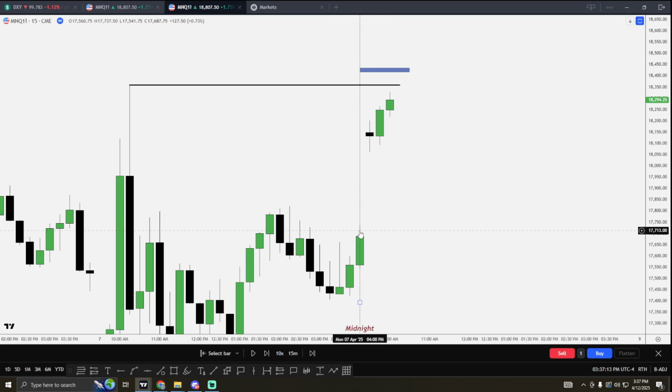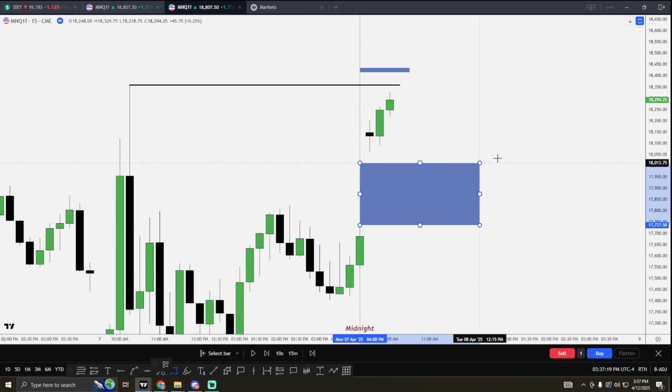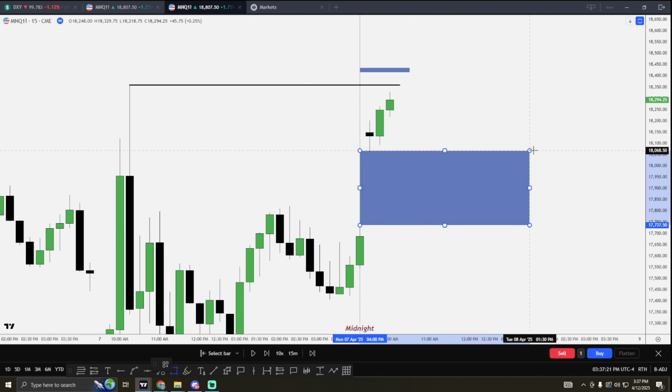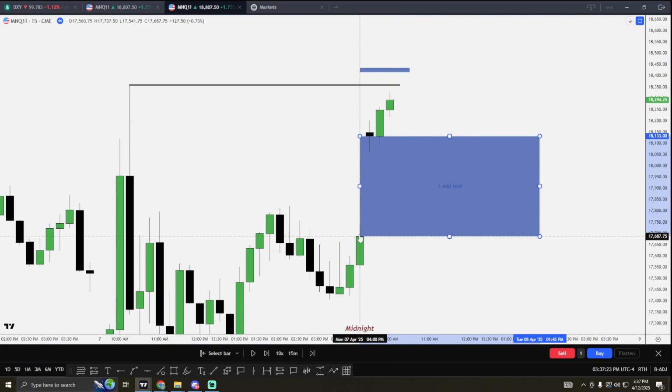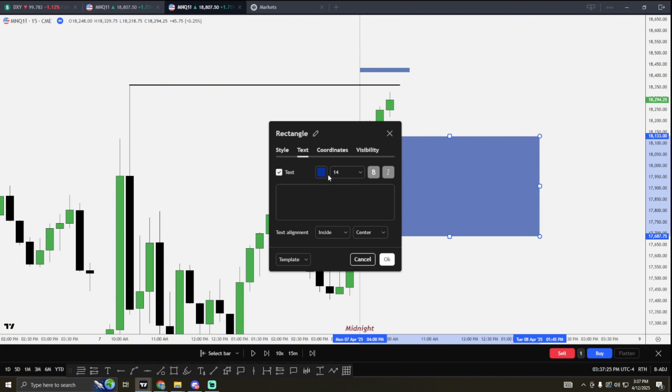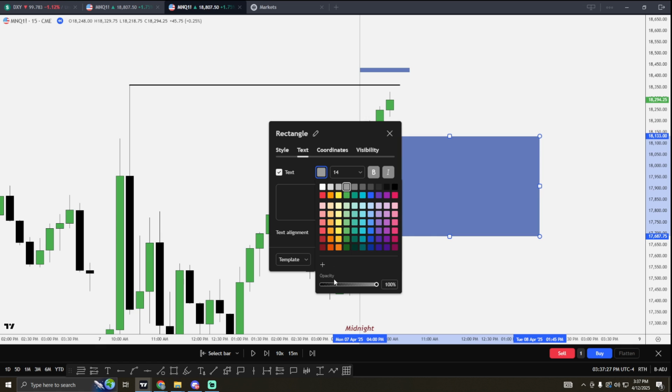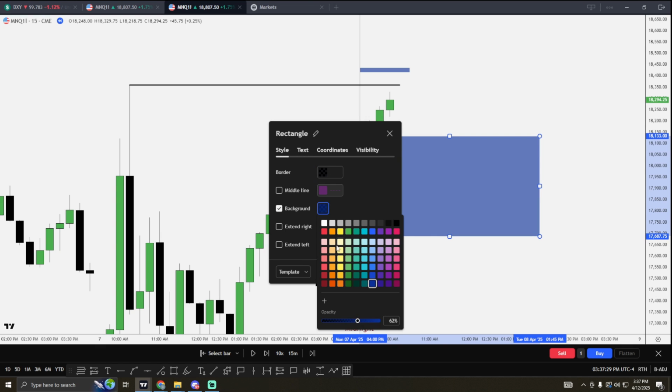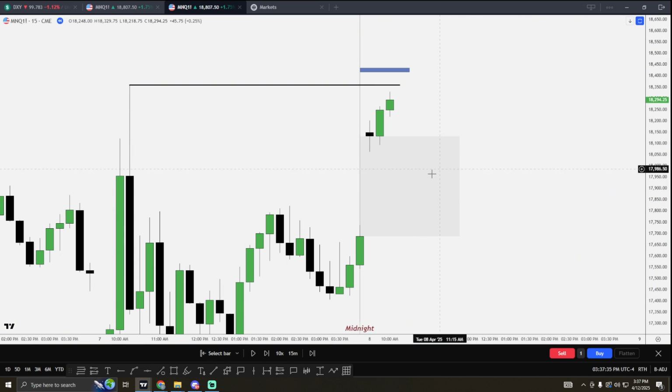So you have this fair value gap. Well, not a fair value gap, but a real gap here. So now this is telling you price might want to fill this gap.